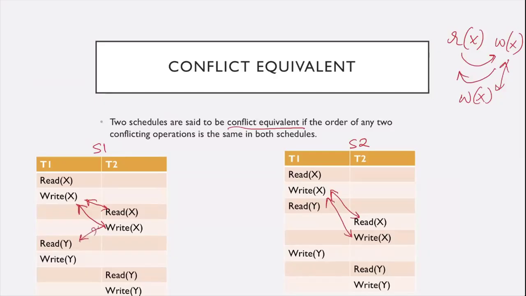These two are non-conflicting because they are not on the same data item; it is on X and Y. But these two are conflicting: a write Y from T1 followed by T2's read Y, and the same for these two operations in the other schedule. So in these two schedules, the order of the conflicting operations is the same, and so they are conflict equivalent.